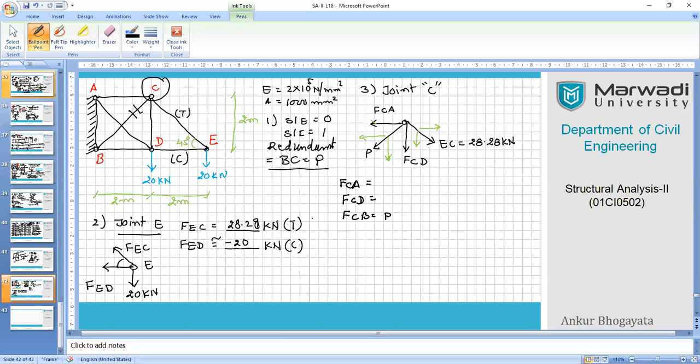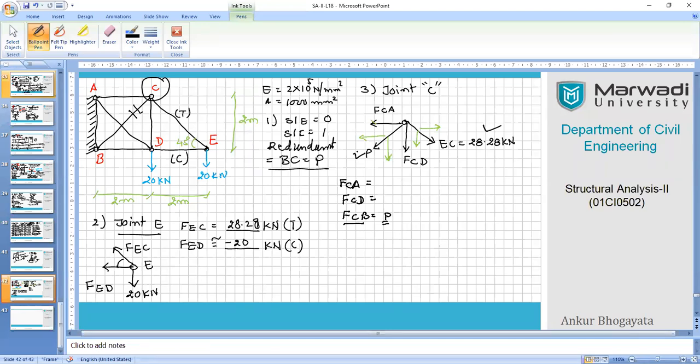So you can collect all the vertical forces for sigma V and collect all the horizontal forces in sigma H, out of which one force is known to us, the rest of the forces are unknown to us. In terms of unknown forces, one set is in terms of P, so use the P value, right? And only FCA and FCD should be reflected in the calculation. Don't reflect FCB but reflect P. Use the P value.